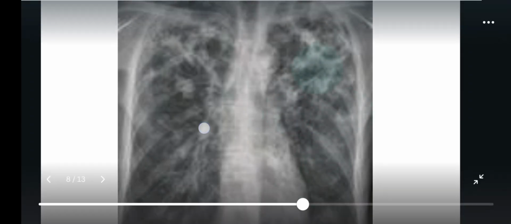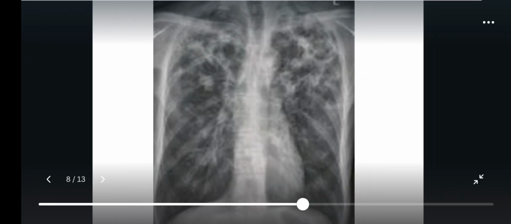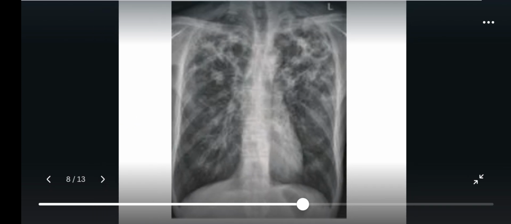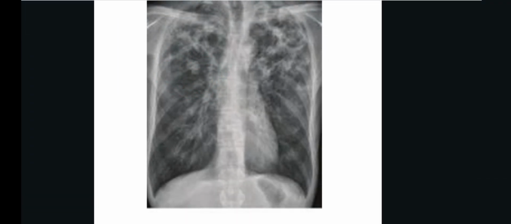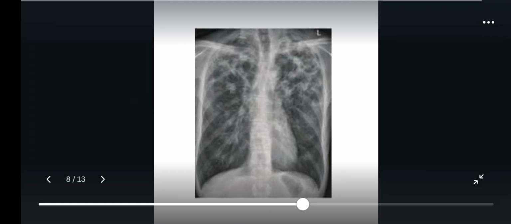See all these signs are consolidation. So this is a case of primary TB. There is no appreciable volume loss. We can see the horizontal fissure here. There is no volume loss. So this is a case of primary TB.